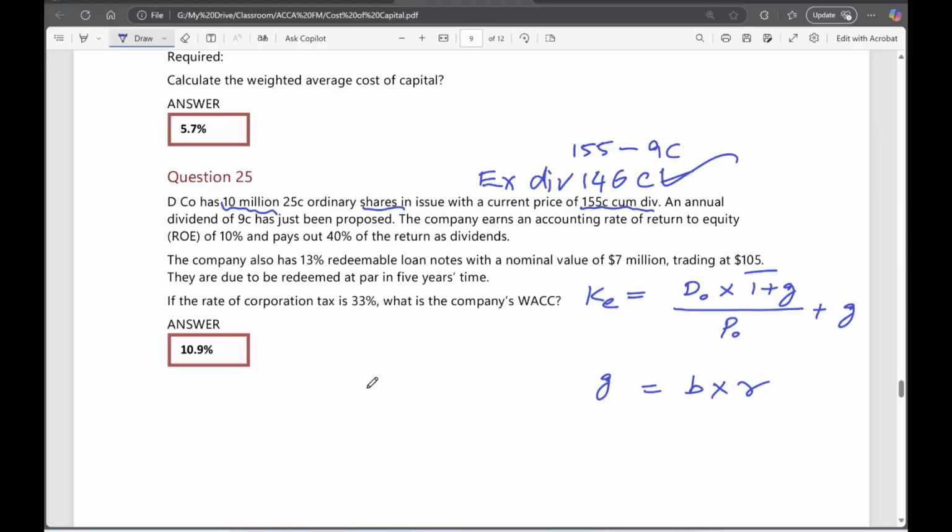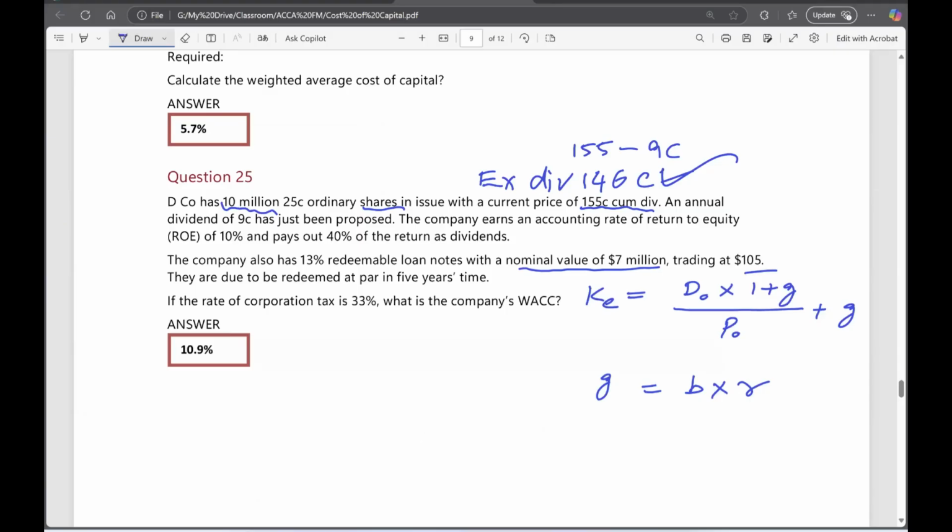For the bond, did he give us number of bonds? No. He gave us the nominal value or book value of the bond. So divide with the par value, you will get the number of bonds, and multiply with the market value, you will find the market value of the bonds, right? Straight away formula. So he gave us the book value, par value is 100.